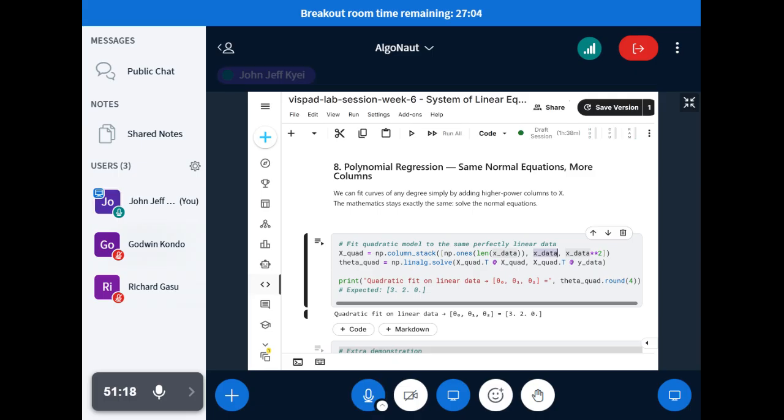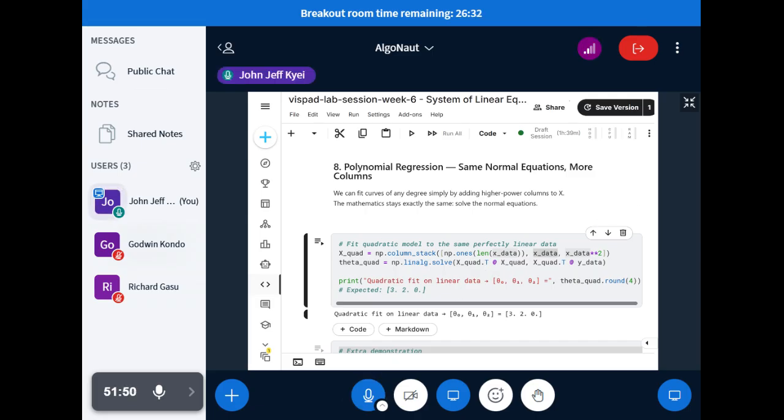For a line, y is equal to mx plus c. A quadratic is ax squared plus bx plus c, right? Yeah, ax squared plus bx plus c equals 0.